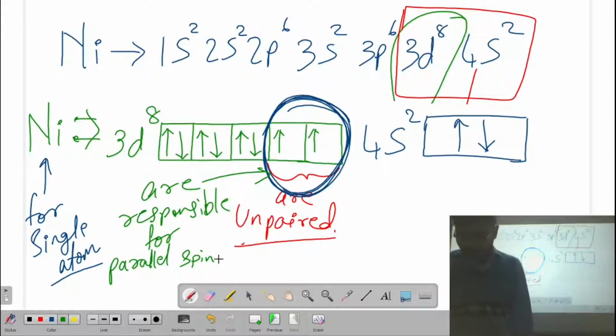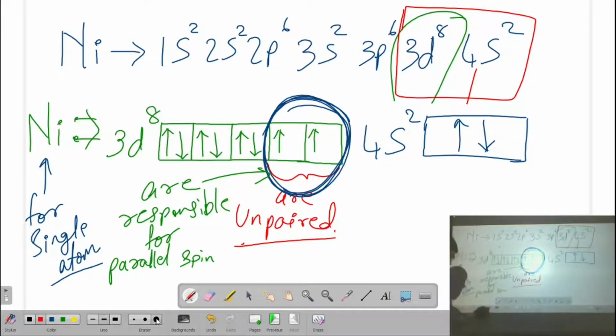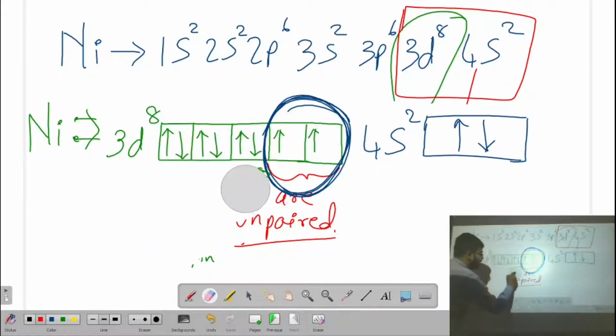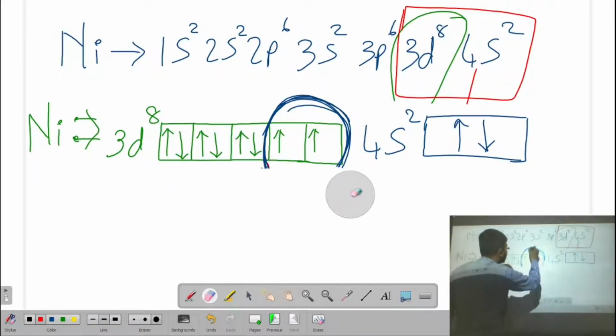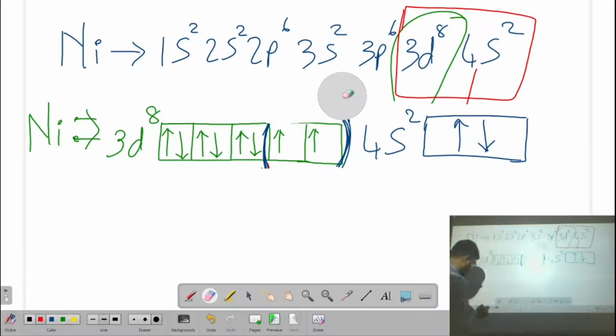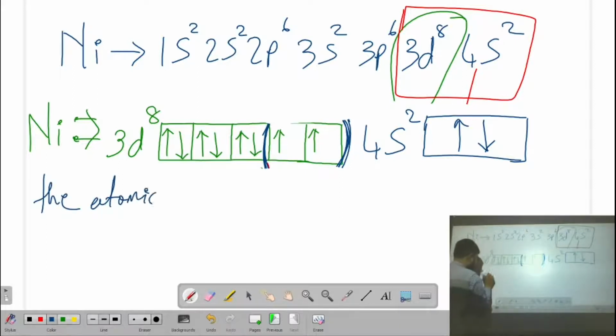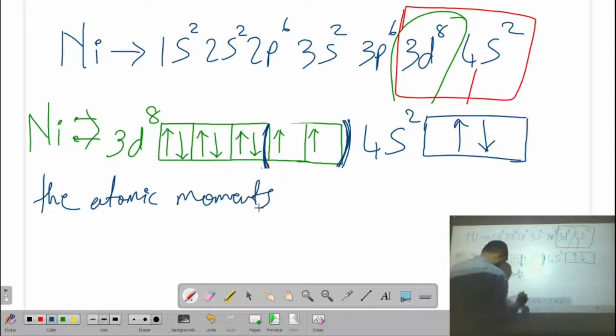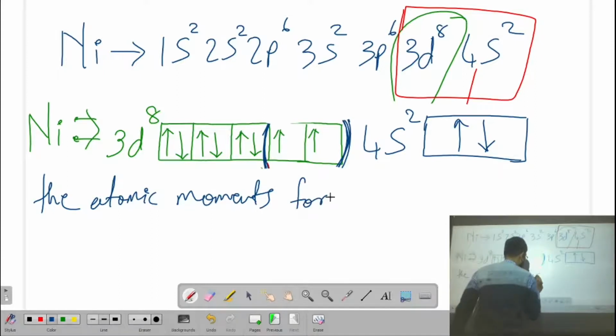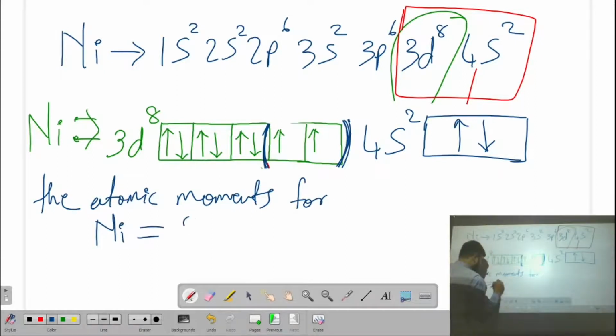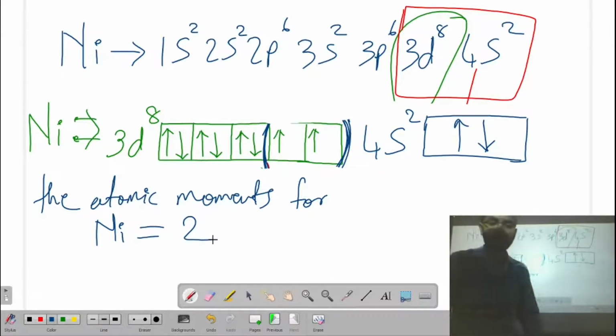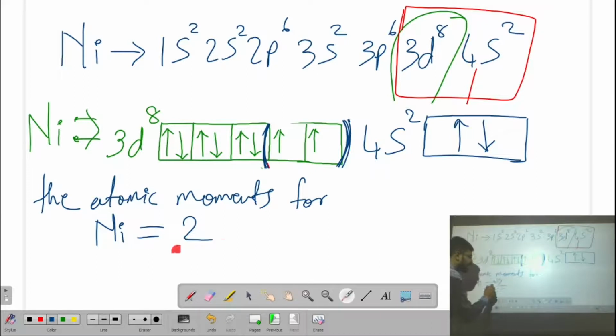Now, according to the numerical value, the atomic moment for a single nickel atom is equal to 2 Bohr magnetons. Bohr magneton is nothing but the magnetic dipole moment.